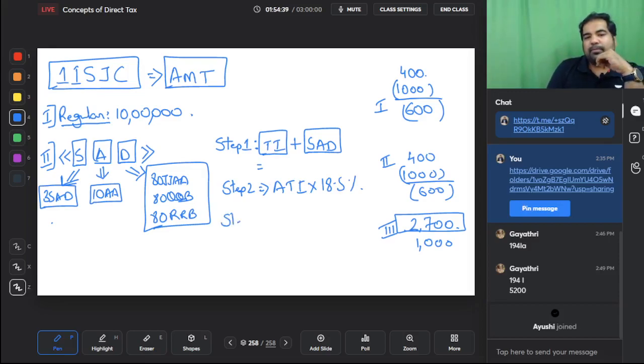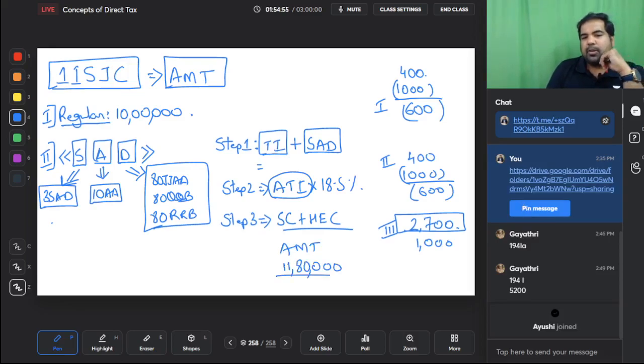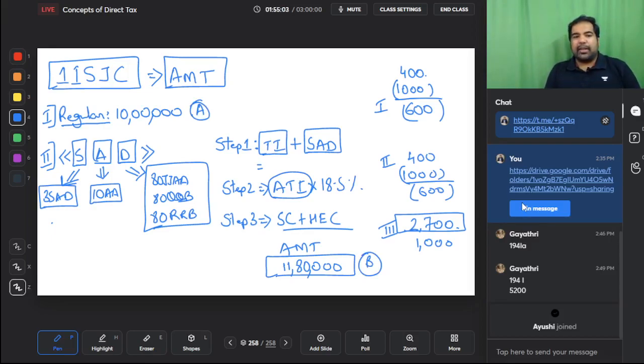Now step 3 is, guys, you will add surcharge, but surcharge will depend upon ATI, and then you will add HEC and you will find your total alternate minimum tax payable. So this will be the AMT. Let's say it is 11,80,000. So will you pay A 10 lakh or B 11,80,000? You will pay 11,80,000, and the extra 1,80,000 will be allowed as a credit for the next 15 years.